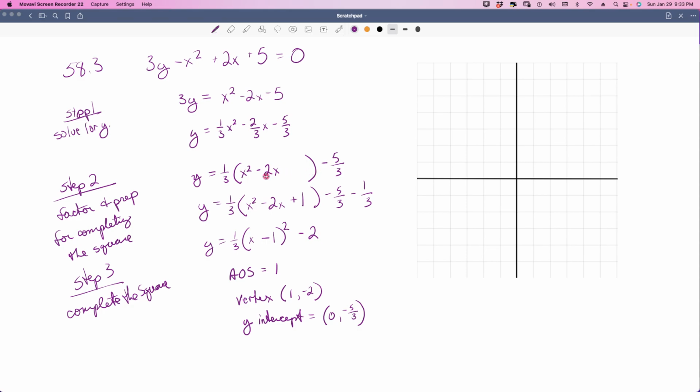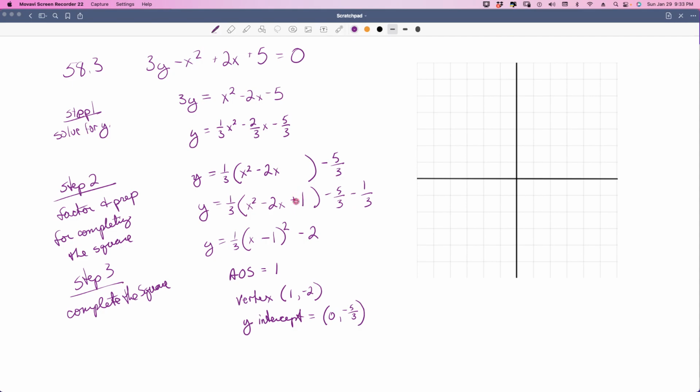We divided this -2 by 2. We got -1, right? So when we squared -1, we got a +1. Keep in mind, whenever you have a coefficient here, a factor times all of this, whenever you're ready to subtract that from the same side, you have to account for this coefficient by multiplying it times the number you put on the outside of the parentheses.